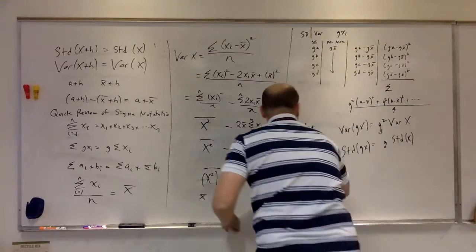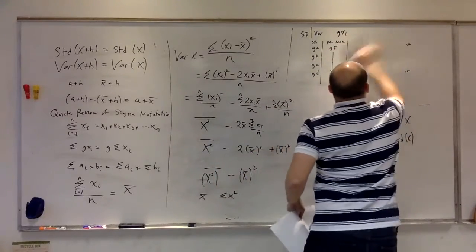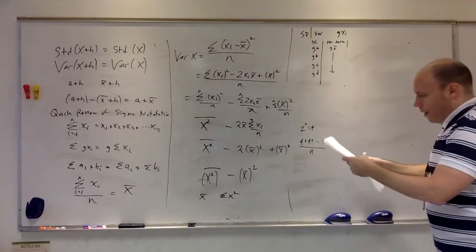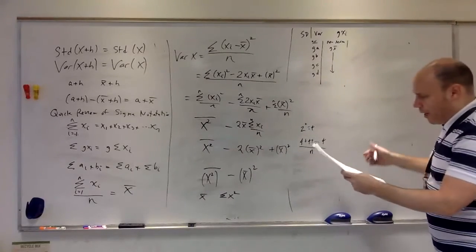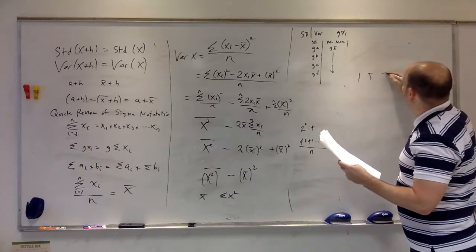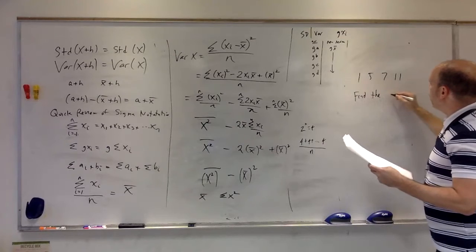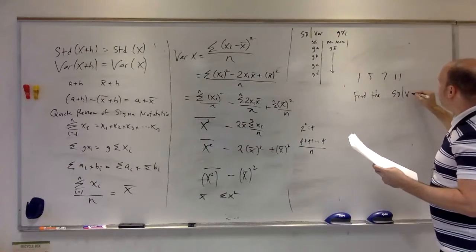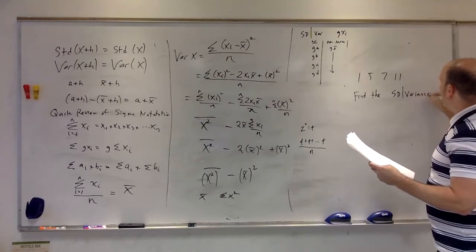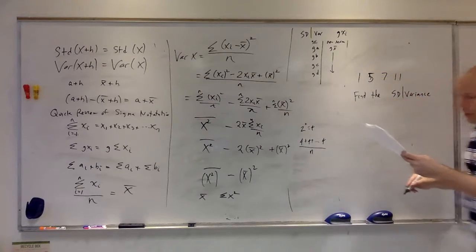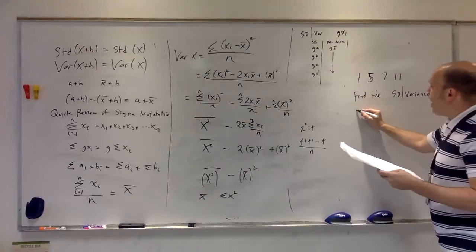So let me just do a quick example. You're given some data: 1, 5, 7, 11. Find the variance and the standard deviation. It's very straightforward.